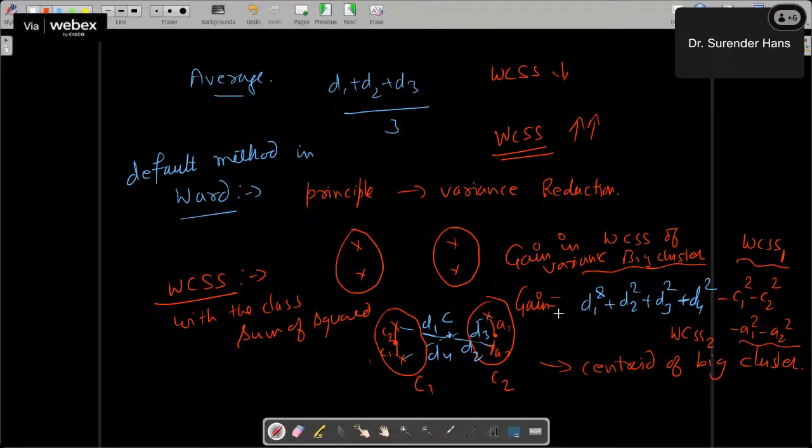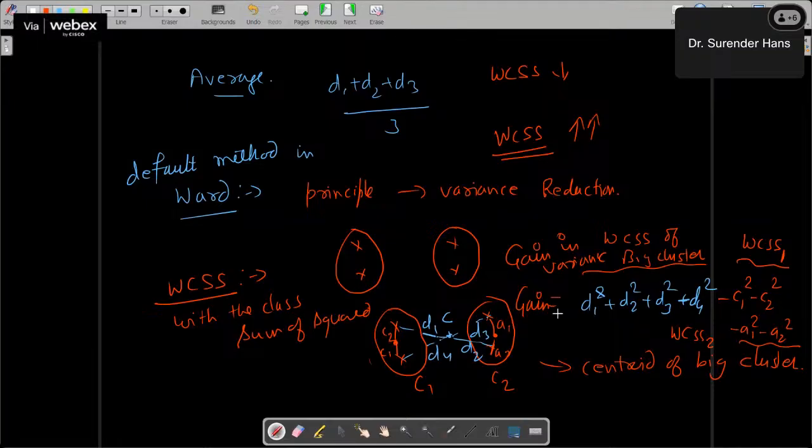Clear? So we will select those clusters which have minimum Ward linkage. That is, the variance gain is very low. So after making a cluster, there is no variance. So there will be no variance. Correct?